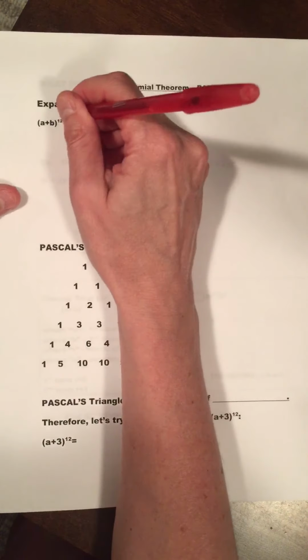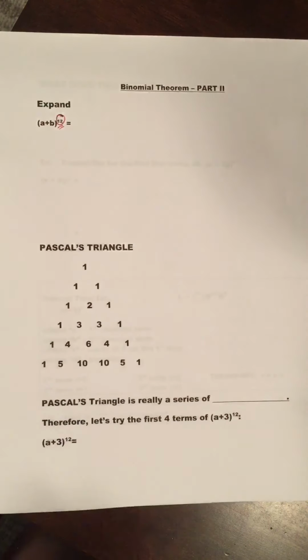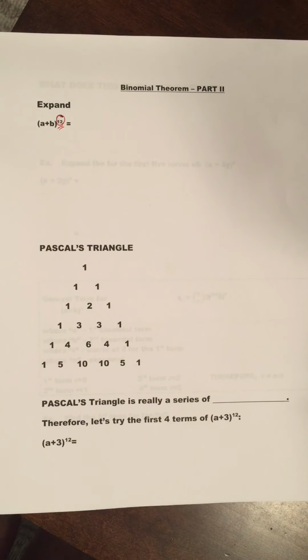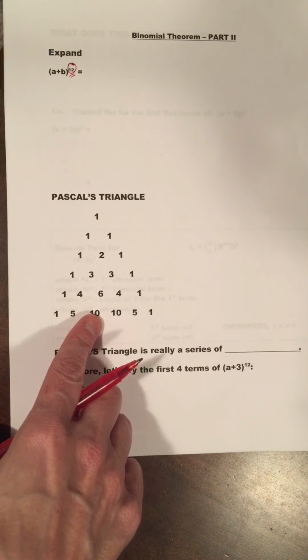And I hope what you're looking at is that exponent of 12. That's the problem. Exponent of 4, 5, 6, 7, 8, not a problem whatsoever because we have access to Pascal's triangle.